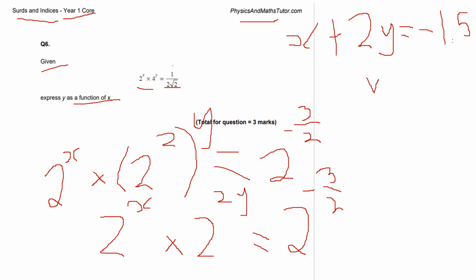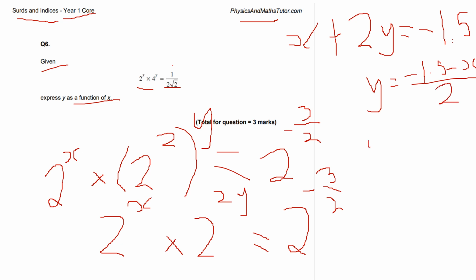Rearrange this to make y the subject. I get y is equal to minus 1.5, subtract the x, and then that's all divided by 2. Now y is a function of x.